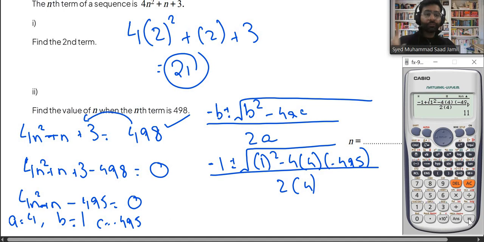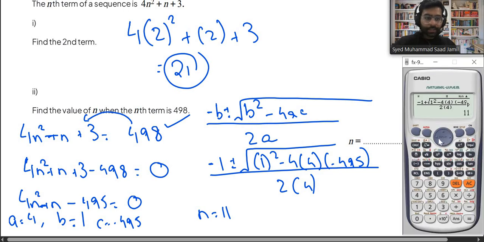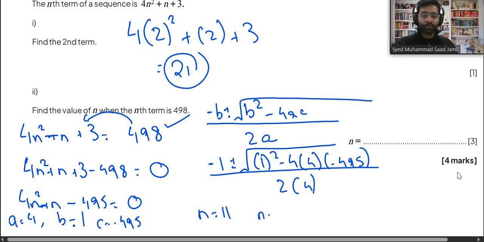Alright, so the first value of n is 11, and of course we have to use the minus sign as well. Now I will plug in the negative sign over here, which gives negative 11.25. Of course we cannot use this value, negative 11.25. So the value of n is going to be 11.